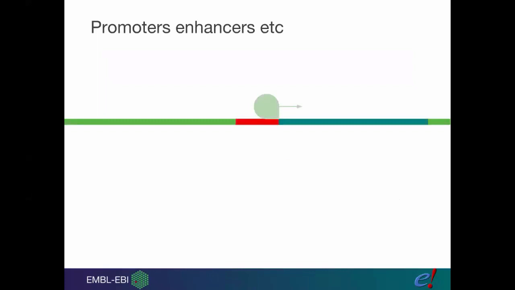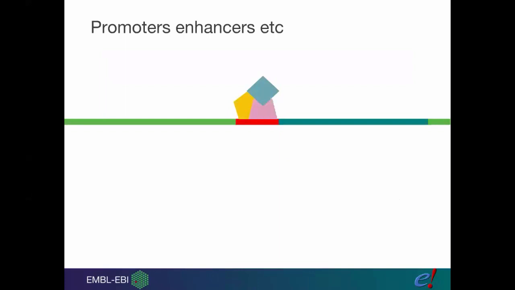But DNA polymerase doesn't just go around binding DNA willy-nilly. It needs help. It needs help from transcription factors. So these are a number of different proteins which, in response to different stimuli, will bind to the promoter, and they will bring DNA polymerase in.